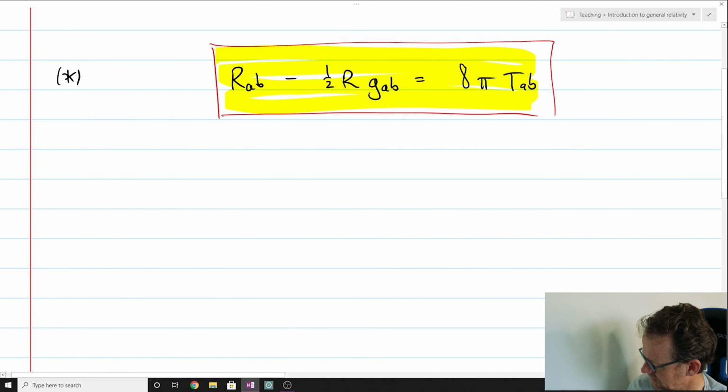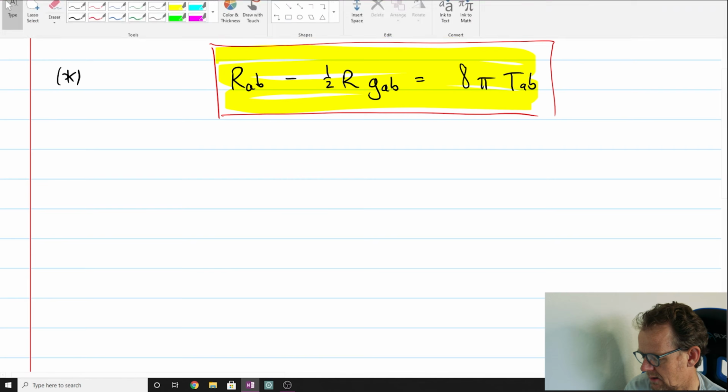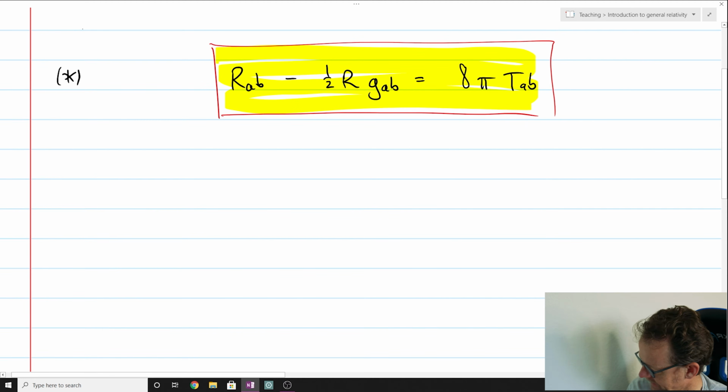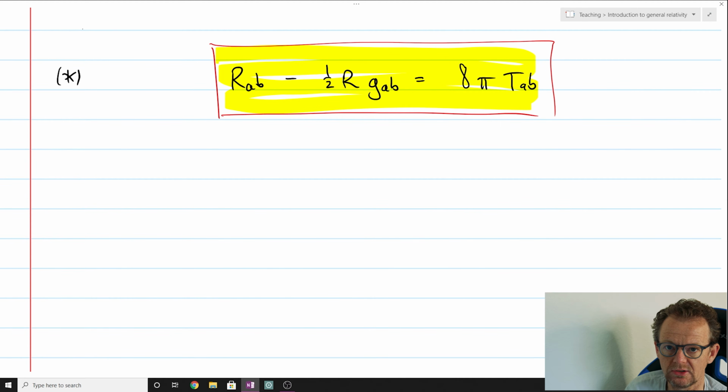Now, it's pretty difficult to solve these equations, it's non-trivial, and we're going to have to work really hard, and in fact it's going to occupy us pretty much for the rest of this course, the task of solving these equations in some very specific and restricted settings. So it's pretty fair to say that solving Einstein's field equations is still a bit of a research topic in more general settings.